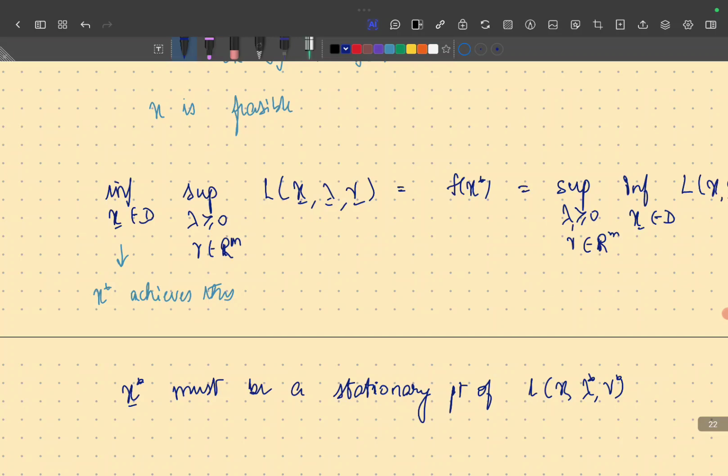So those are the two KKT conditions that were non-trivial.